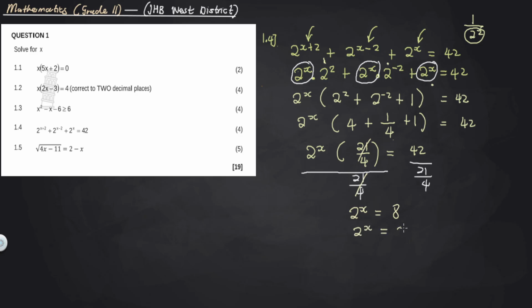Therefore the 8, we rewrite as a power with a prime base. It's 2 raised to exponent 3. Drop out x, we drop in with 3. The 2 and the 2 cancel. You are now left with x being equal to 3, which is the solution of this equation.